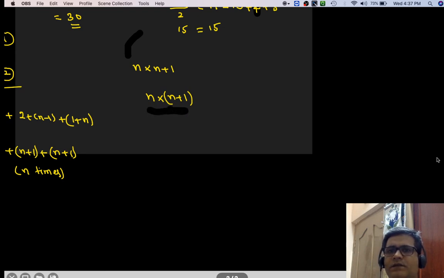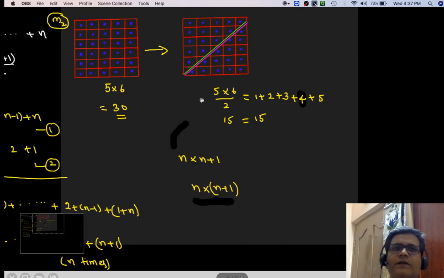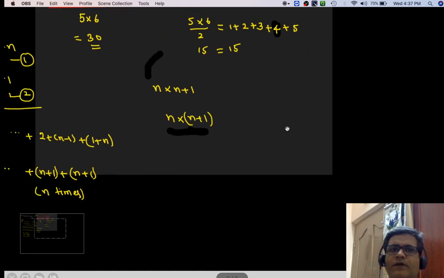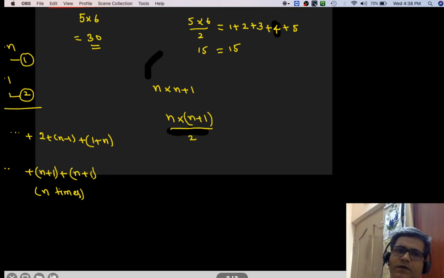Similar to this one, you divide that grid into two equal parts. Therefore, if you consider the below part or above part, the total number of dots will be half of the total number of dots in the complete grid, that is n into n plus 1 by 2.